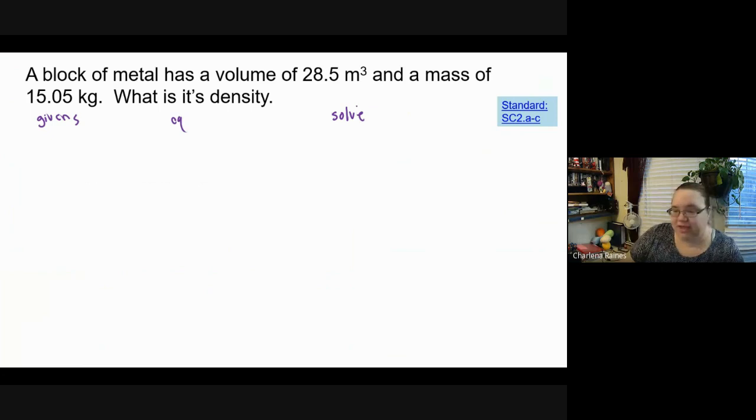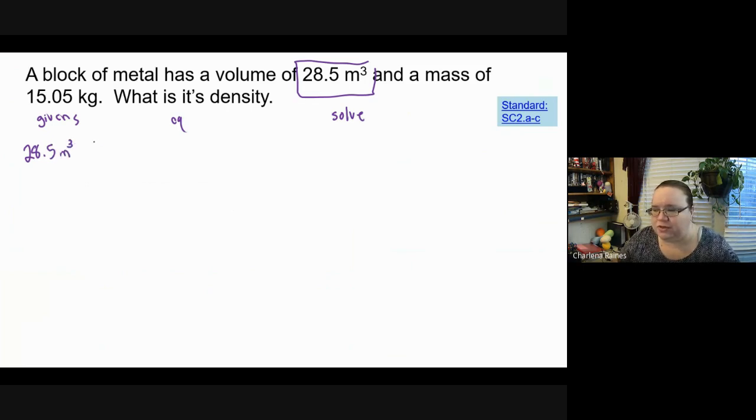So my givens are the things that are given to me in the problem. If it is a number and a unit, it is important. If it's not a number and a unit, it might not be important. So the fact that this is a block of metal, not important. What is important is this 28.5 meters cubed. So it's a number, 28.5 meters cubed.